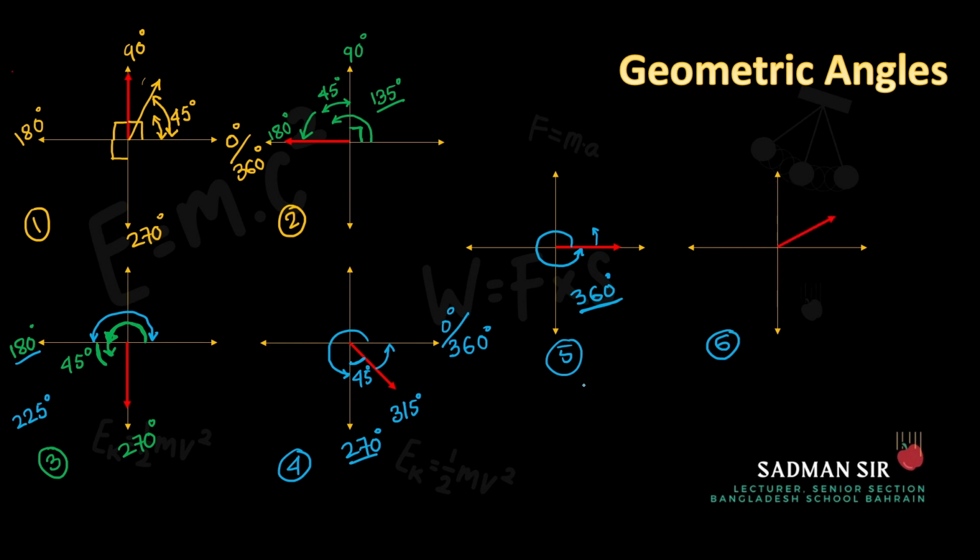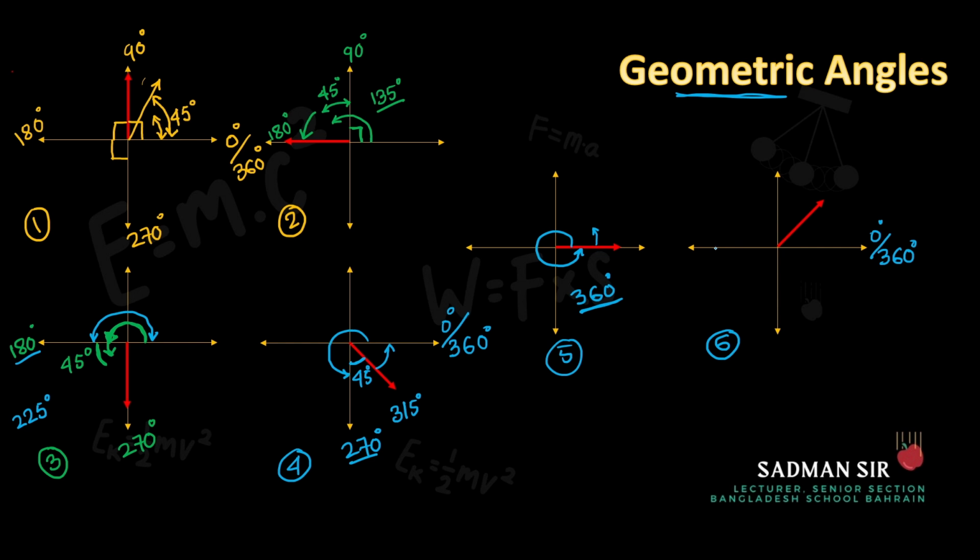Notice that we have completed one rotation and then we came here, right? Now in case of geometric angles, what happens? As soon as you cross the 360 degree line, the counting starts from 0 again. This is initially the 0 degree line, right? Then it becomes 1 degree, 2 degree, 3 degree, 90 degree, like that.